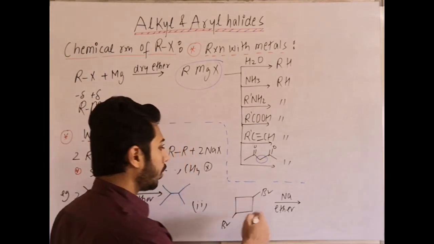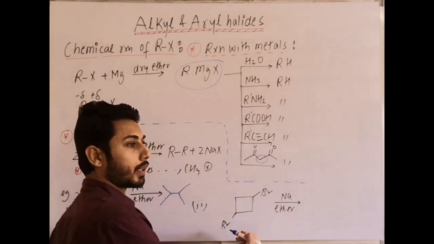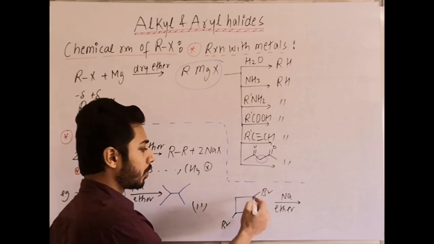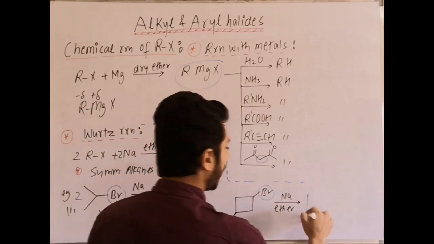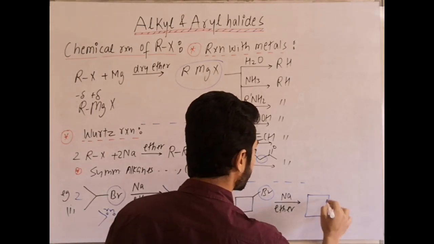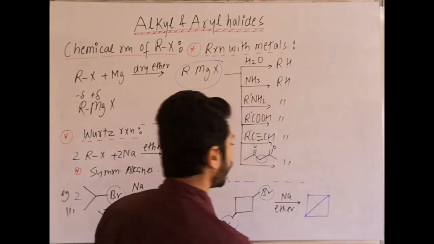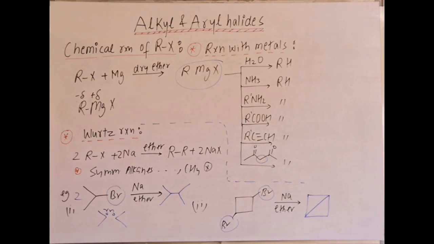Other one, within the molecule there are 2 halogens present, so an intramolecular Wurtz reaction is possible. These both will leave, radicals are formed and we get a product like this, which is a bicyclo compound, right? So you can revise these examples of the Wurtz reaction in the hydrocarbon chapter. Okay, so these are the chemical reactions of alkyl halides.